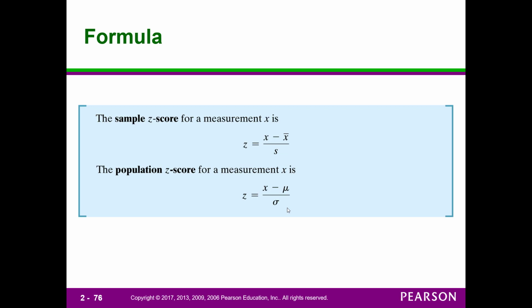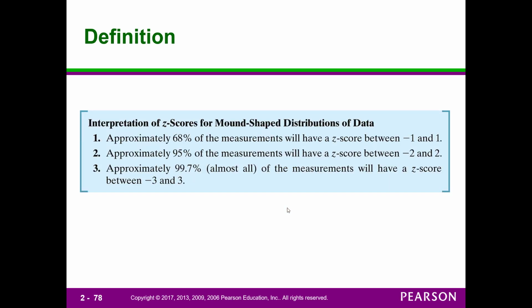If a z-score is 0 or near 0, the measurement is located at or near the mean of the sample or population. We can be more specific if we know that the frequency distribution of the measurements is mound-shaped. In this case, the following interpretation of the z-score can be given.